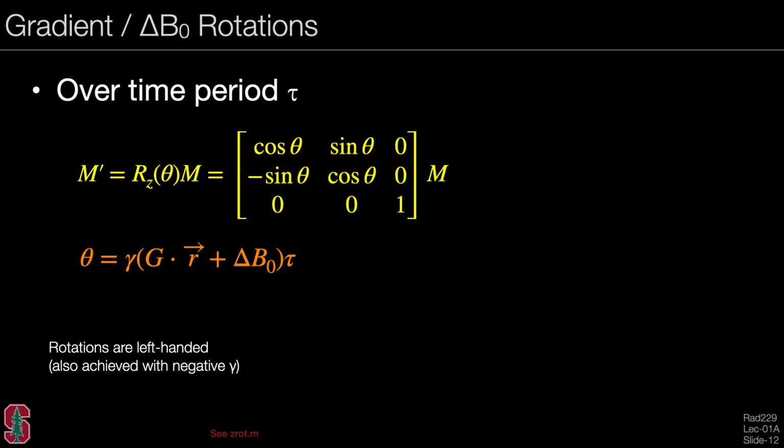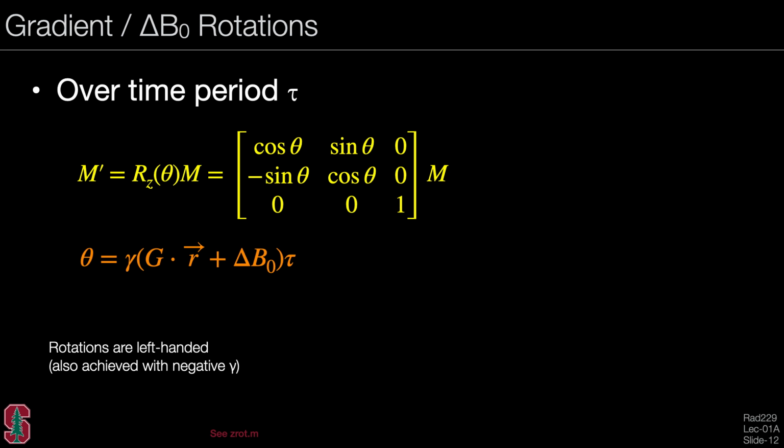Now here, remember that the rotation angle is the gyromagnetic ratio times the dot product of the gradient with position plus any delta B0 term, times the duration tau. So this delta B0 term could be from a chemical shift frequency difference or some other off-resonance term. Again, the rotation angle here will be in radians.